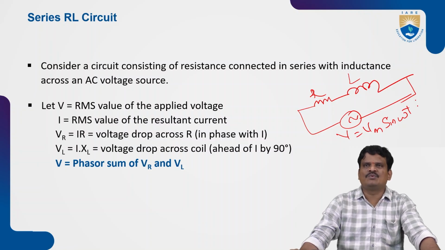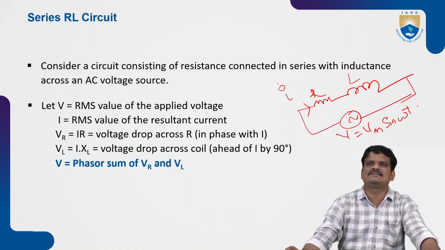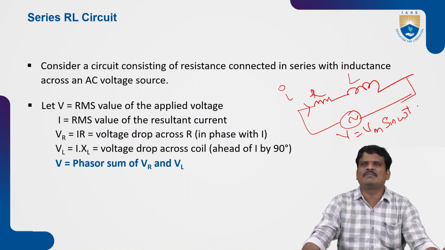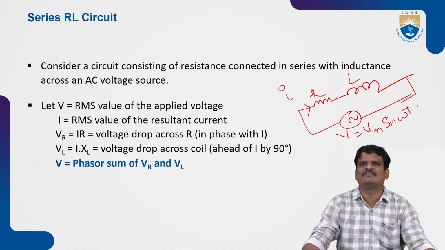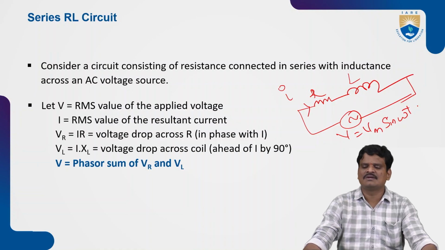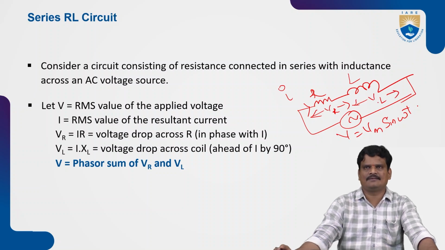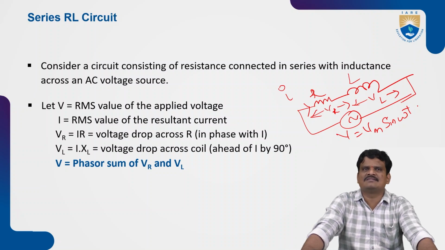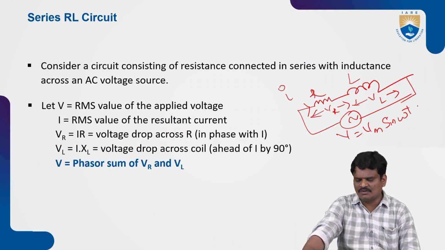As both the elements are connected in series, the current flowing through both the elements will be the same. If n elements are connected in series, the current flowing through the first element and the current flowing through the last element will be the same. Let me say that the voltage drop across the resistor is VR, and the voltage drop across the inductor is VL, and let V be the supply voltage, which is an AC voltage source.